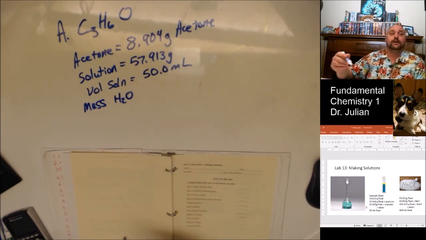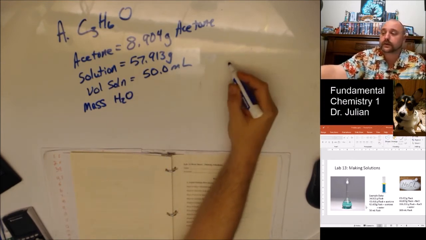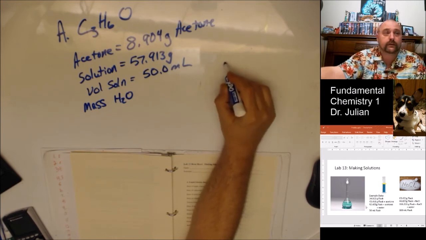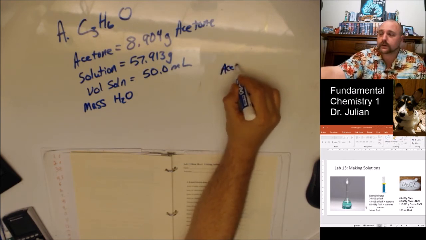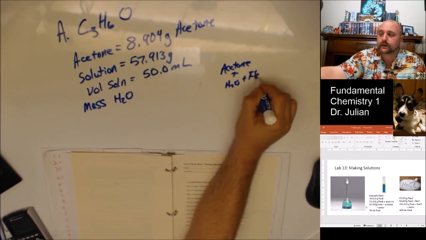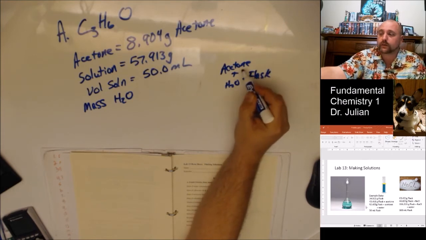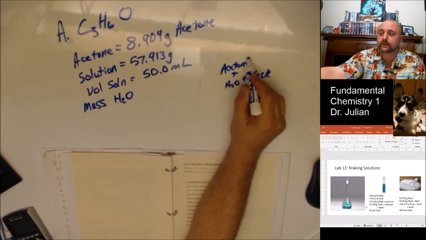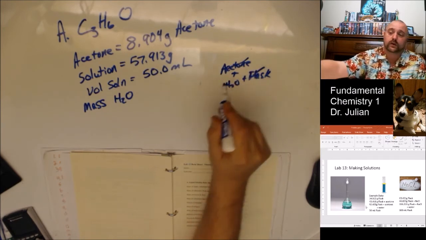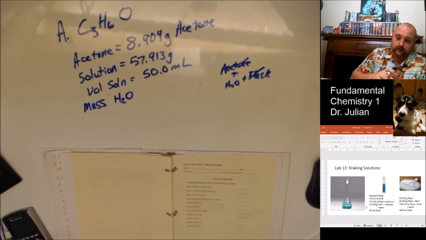Now to get that, I'm going to do to the numbers what I do to the words. So I have the acetone plus water plus the flask, and I just want the water, but I also have that flask and the acetone, so if I can subtract those two out, I'd get just the water. So I'm going to take the total here, which was 92.425, and subtract out my flask and the acetone, which is 43.416.